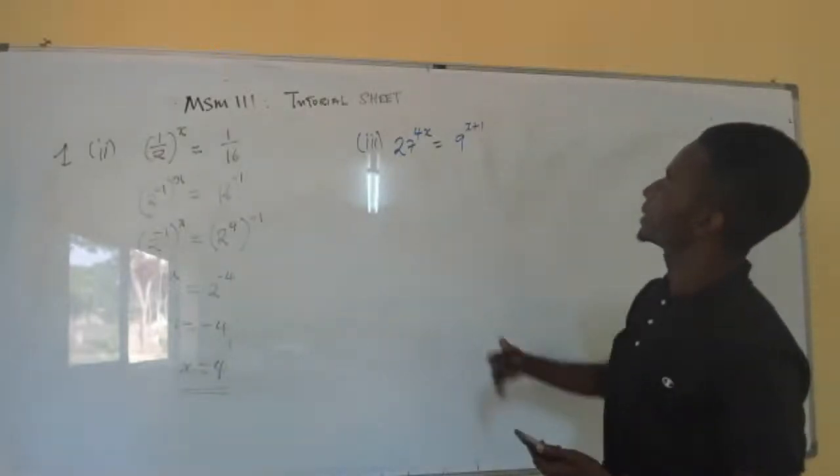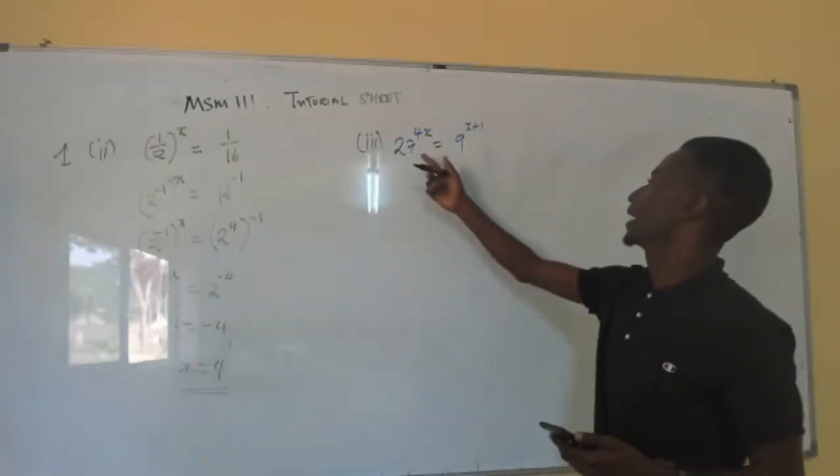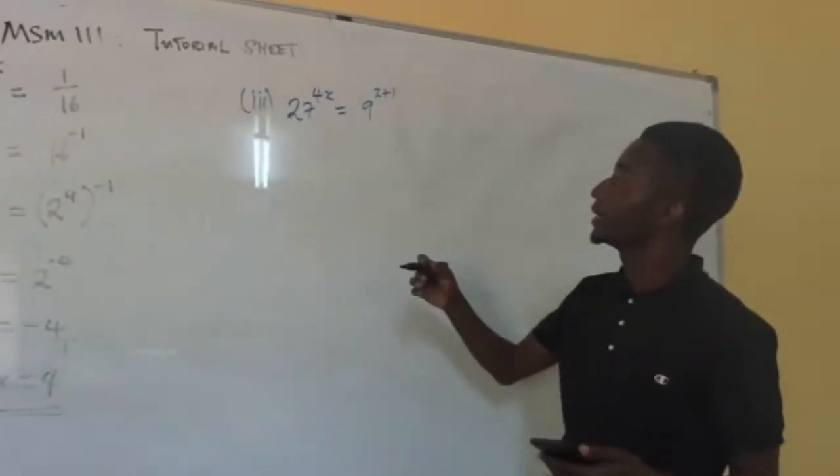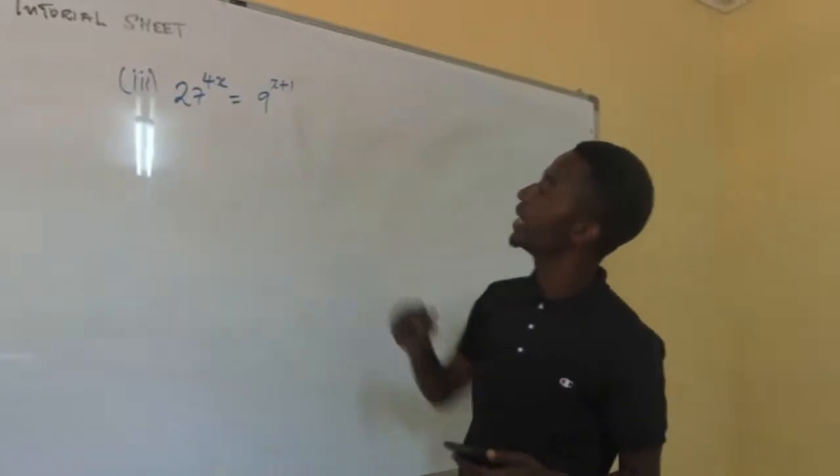We know that 3 is a factor of 27 and 3 is also a factor of 9, so our common base is 3.